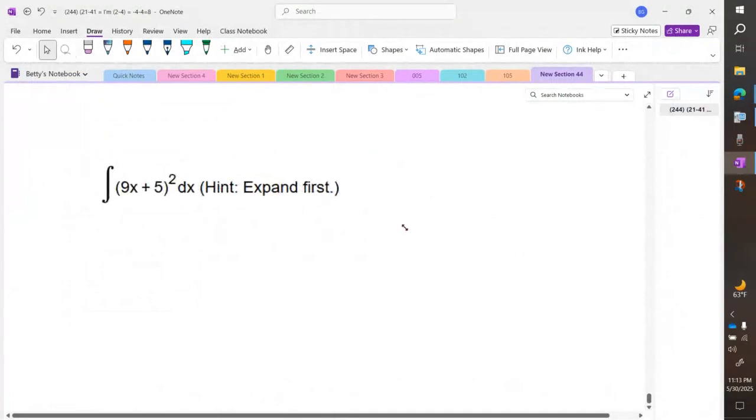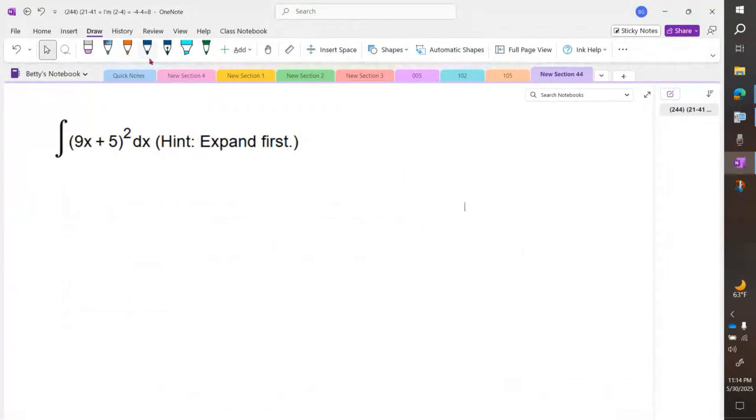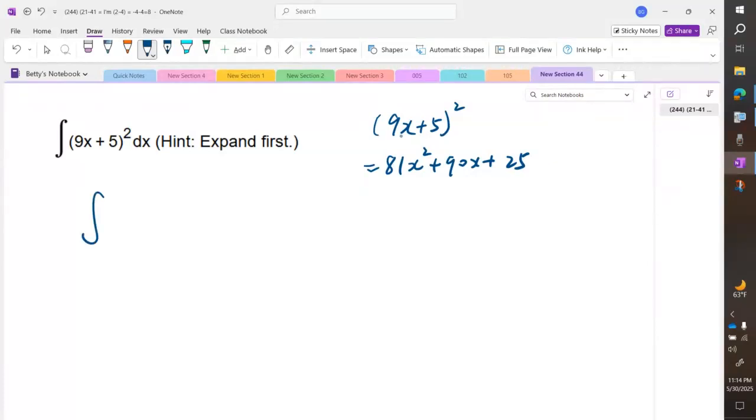Let's expand the function first. You can FOIL or use the perfect square trinomial formula. (9x plus 5) to the power 2 is 81x squared plus 90x plus 25. Let me double check. Yeah. So the integral of the function would be the integral of 81x squared plus 90x plus 25 dx.